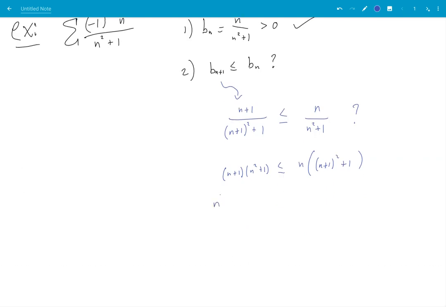I get n cubed plus n squared plus n plus 1. And here I'm going to get n cubed plus 2n squared plus 2n, right? I believe.